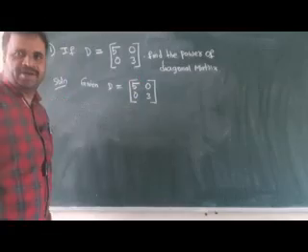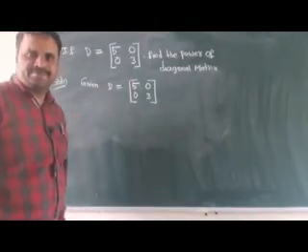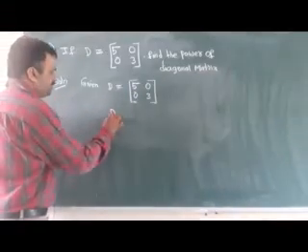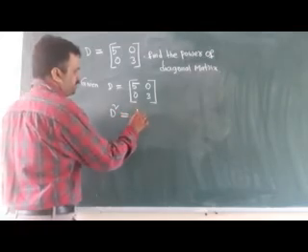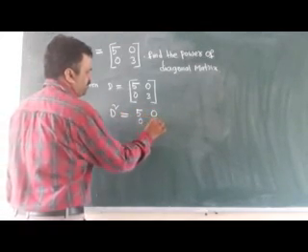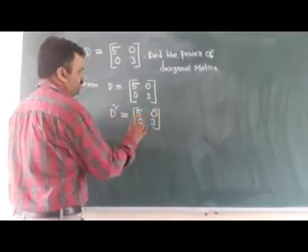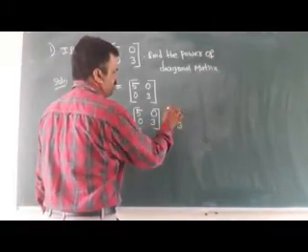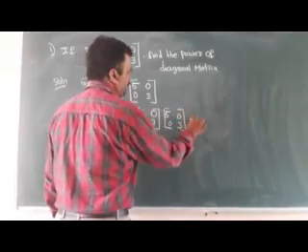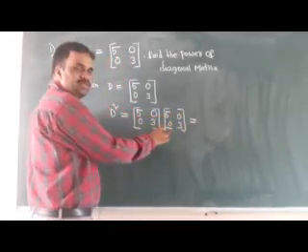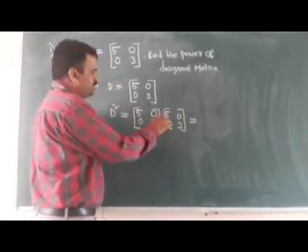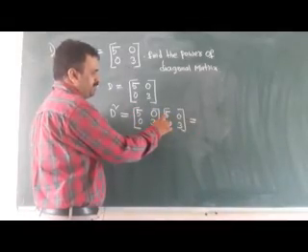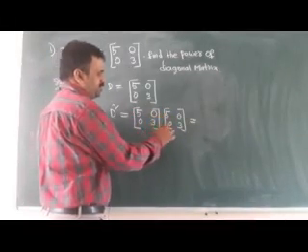I am going to find D square. D square is nothing but D into D. 5 0 0 3 times 5 0 0 3. First row with first column: 5 into 5 is 25 plus 0 into 0, 25.